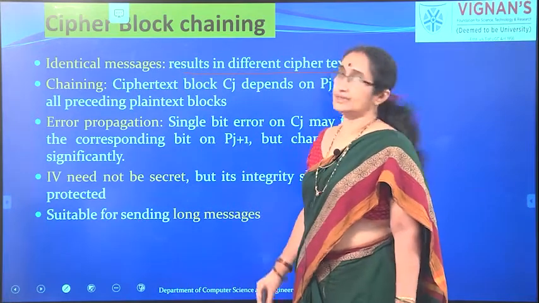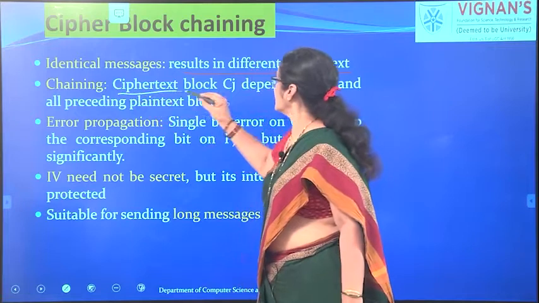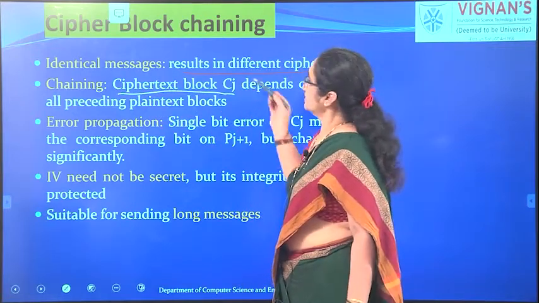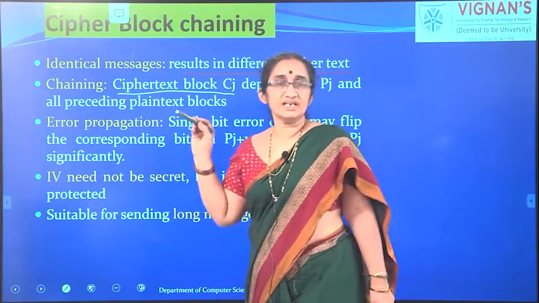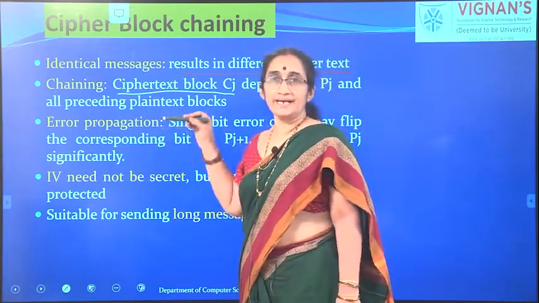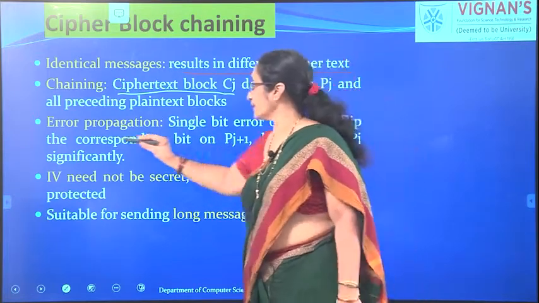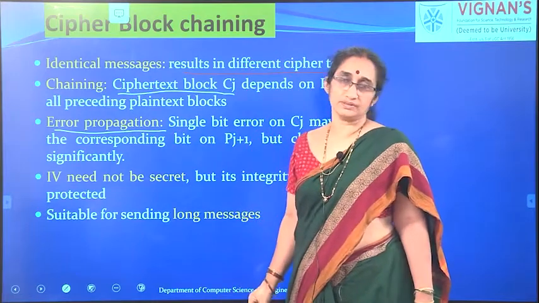And chaining, what we are doing, we are chaining the previous ciphertext block with the plain text block. Because you are chaining here, if there is a small error in the previous block's output, that particular error will be propagating throughout all the other blocks.